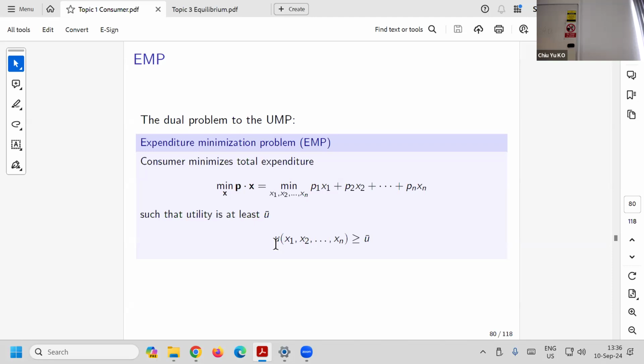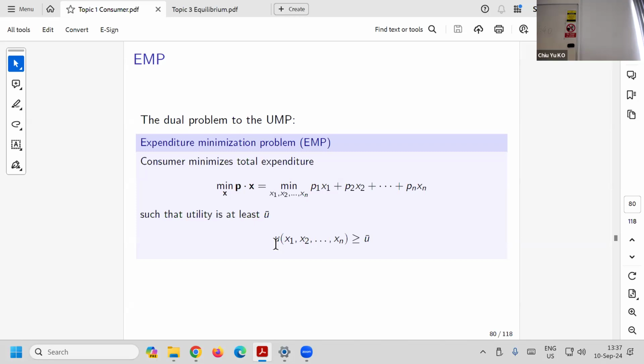You can imagine you fix a budget line and figure out the highest indifference curve, or you fix the indifference curve and find the budget line that achieves the minimum budget. That would be the same thing, okay? In this particular context. But in other cases, it need not be the same thing.